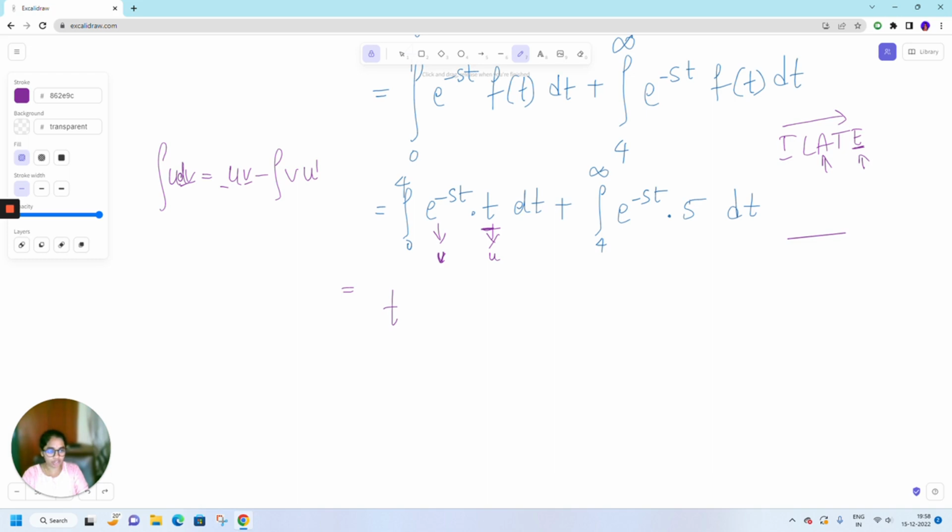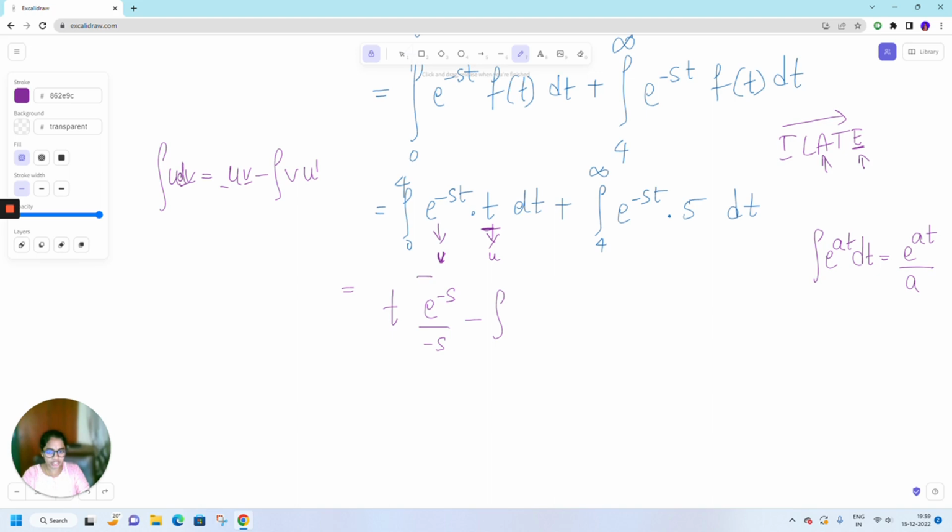What is the integration of e power at? Integration of e power at dt is equal to e power at divided by a. So the integration of e power minus st is e power minus st divided by minus s. What else do we have? Minus the integral.